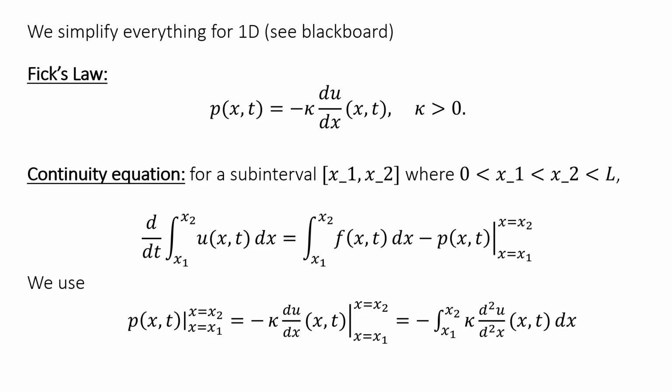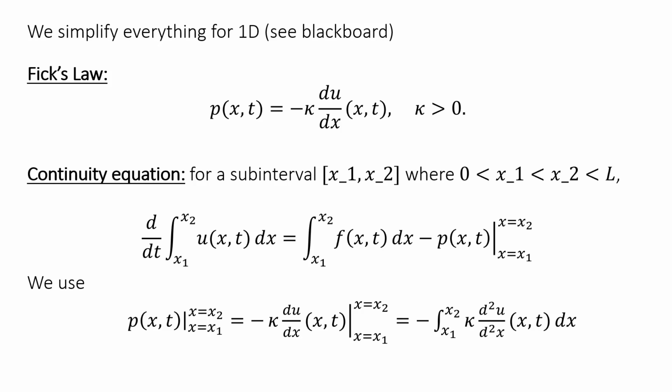Again, the change of the amount of heat in the subinterval, very similar to the three-dimensional case, is the sum of two influences. On the one hand, we have a source term or a sink term, f(x,t), which tells us whether at any position x and any time t, heat is produced or consumed by an external influence.